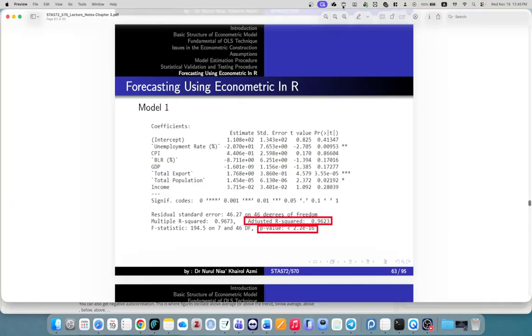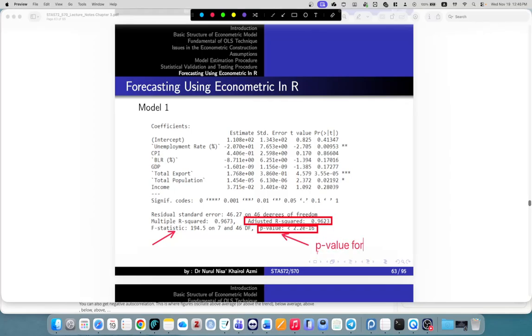And the p-value for the F-test is this one.